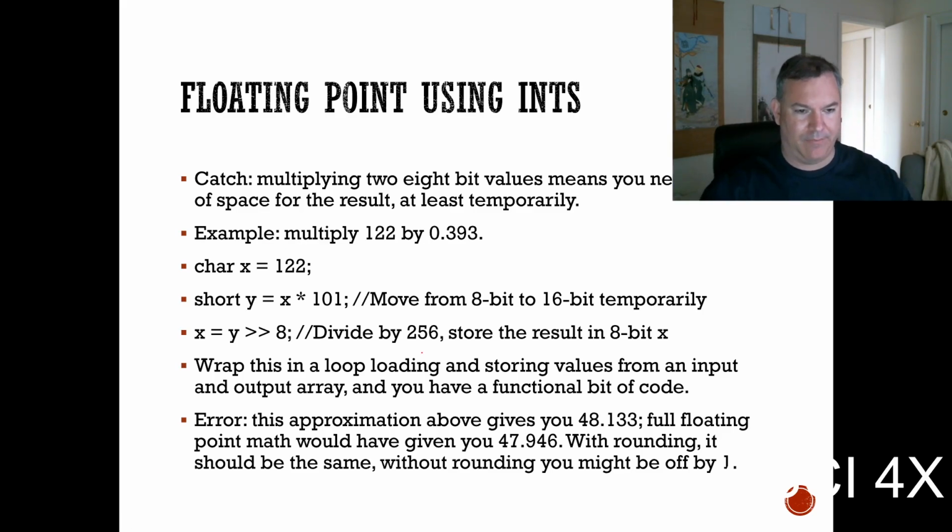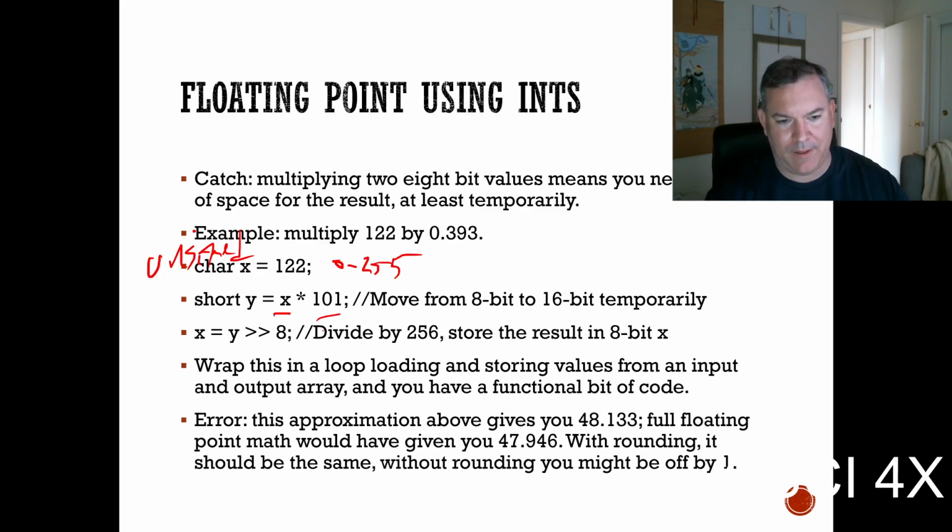So if you have an unsigned char, this ranges from 0 to 255. When you multiply an 8-bit and an 8-bit number together, you get a 16-bit number, and so I'm storing the result into a short. If you're doing this in Neon, rather than loading 16 chars, I'm going to load 8-bit numbers.